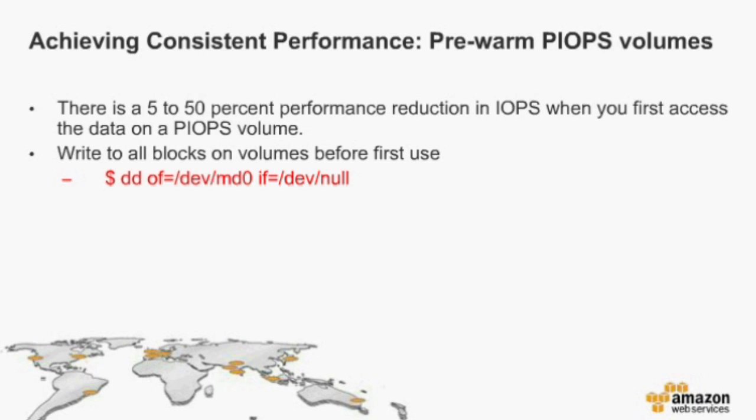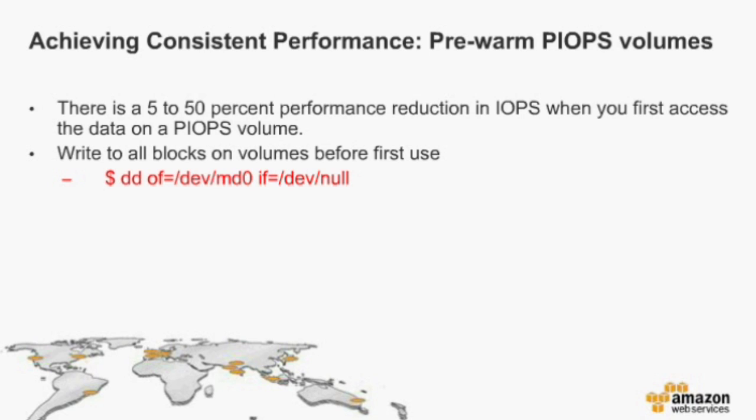The typical model for ensuring that this write performance doesn't impact benchmarks or otherwise adversely affect the system is to just go through and read every single block in the storage system. So for Linux users, that's a kind of a one-liner DD command. For Windows users, an easy way to do that would be to do a complete format of the entire disk, and there are other kinds of approaches there as well.